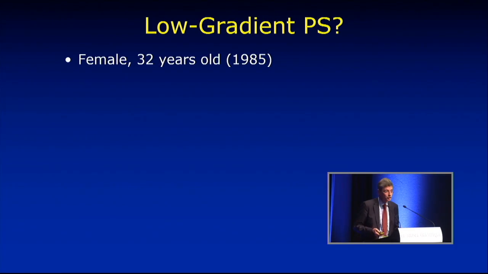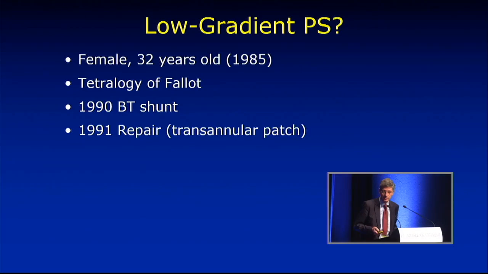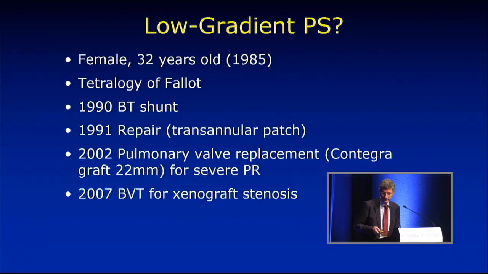Well, let me share with you this patient here. A now 32-year-old female born in 1985 with tetralogy. She received a PT shunt when she was 5 years old, and at 6 years she had a repair with a transannular patch. In 2002, now 17 years old, because she had severe pulmonary regurgitation, she was reoperated with a Contegra graft.